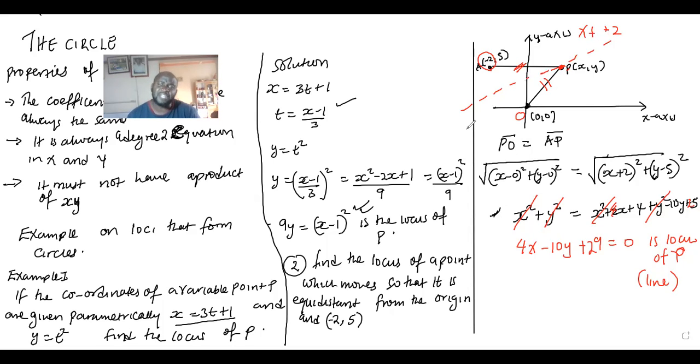So if P is to move along that dotted line, wherever it will be, the distance from P to O is the same as from O to A. Even if P is here, as long as P is moving, it will be the same distance from the origin up to A. That is why we have said, if you let P be (x, y), then A be that, then AP is supposed to be equal to PO or OP. Then we use the definition of coordinate geometry to find the distance, and I equated the two distances.